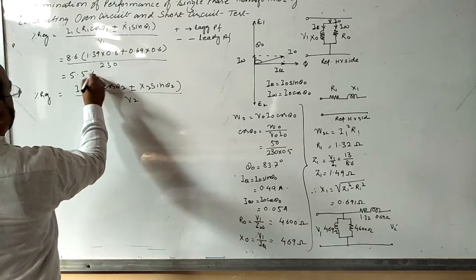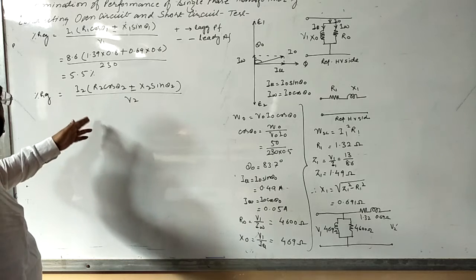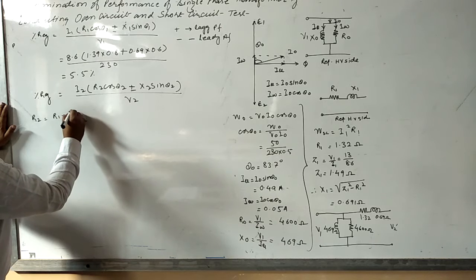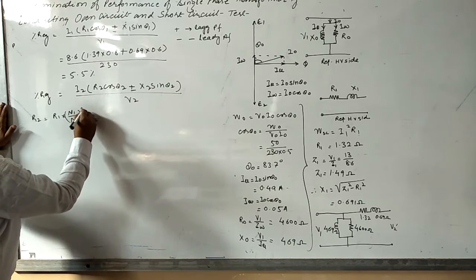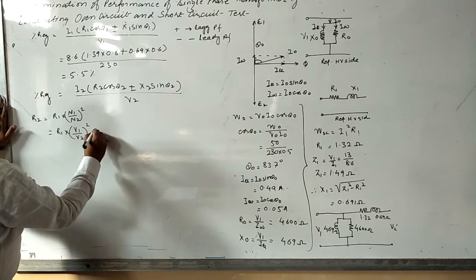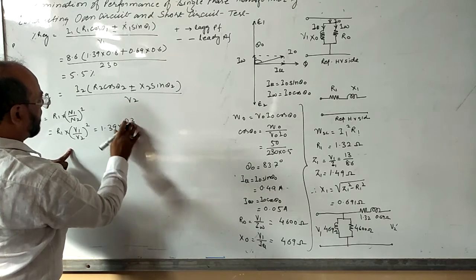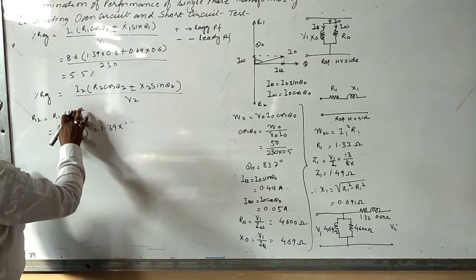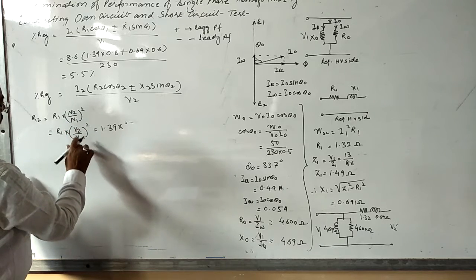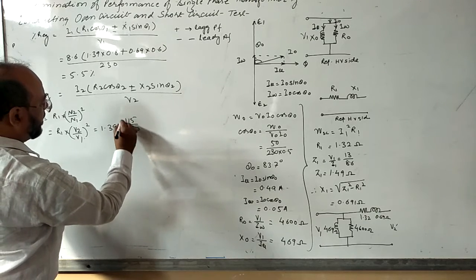It is 5.5%. Now, if you want to calculate the voltage regulation referred to the secondary side, that is the LV side, you have to first refer the resistance: R2 is equal to R1 into (N2 upon N1) square, or it is R1 into (V2 upon V1) square, that is 1.39 multiplied by (115 divided by 230) square.